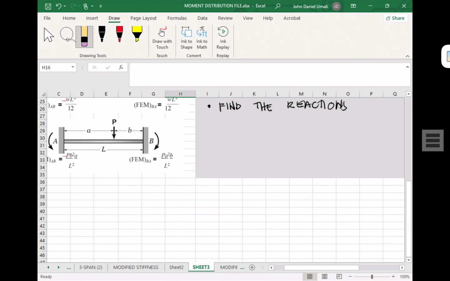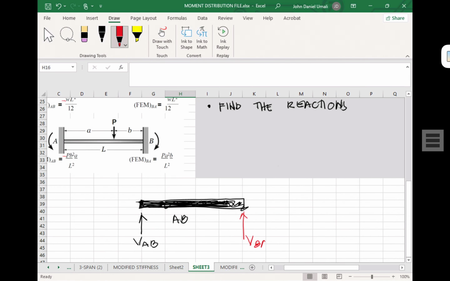So ito yung magiging section analysis mo dapat. Meron kang AB, so for member AB, meron kang VBA.